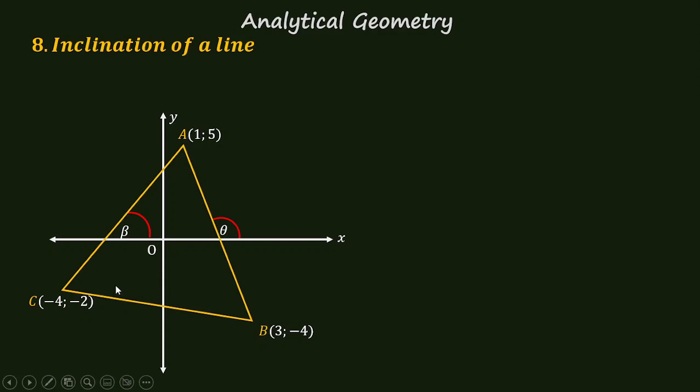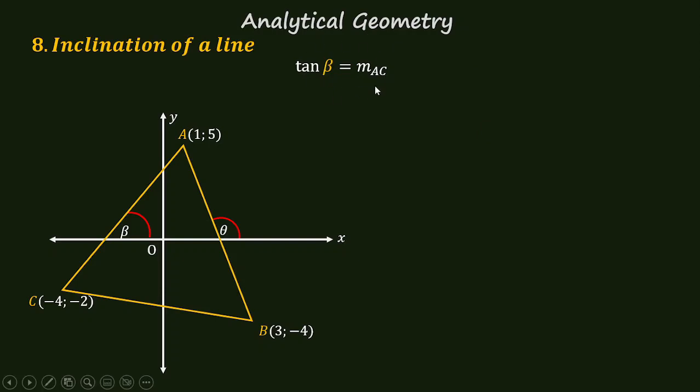In the same manner, there is a relationship between the tangent of the angle theta and the gradient of the straight line AB. But let's start with AC. What we know is that the tangent of the angle beta equals the gradient of the straight line AC. This is the approach that you will use to calculate the value of the angle beta.